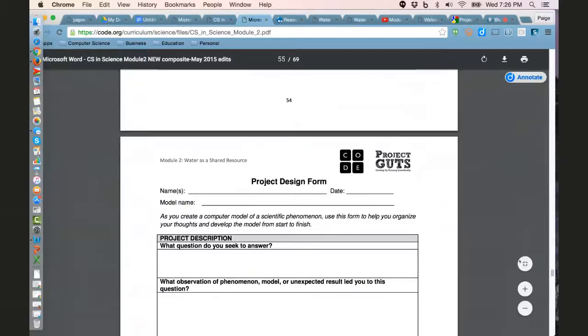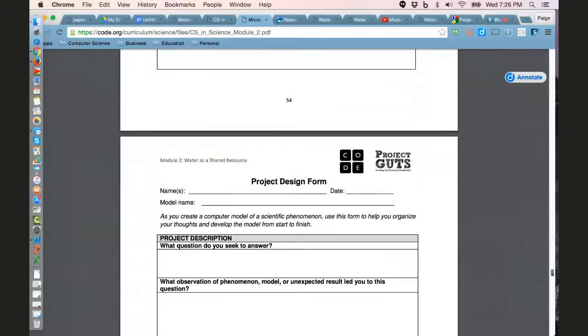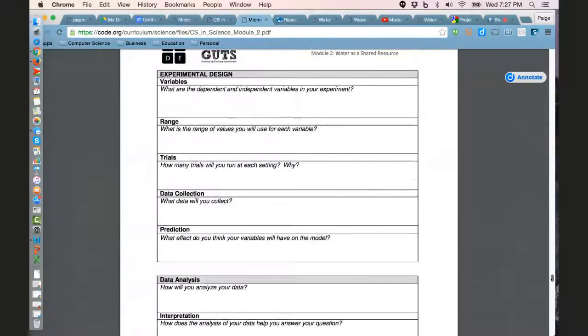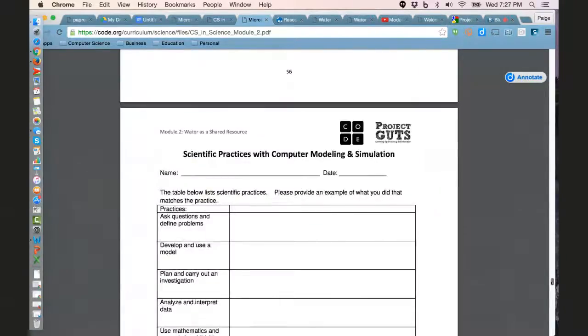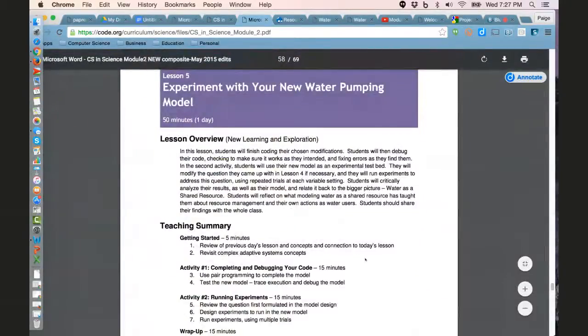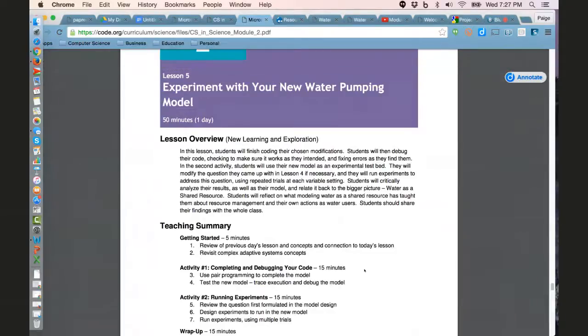This is the one that also requires them to think deeply about their model and what abstractions they're bringing into it, what they're trying to model in general, and what assumptions they have in their model. And so the last lesson is for them to basically run experiments and collect data.